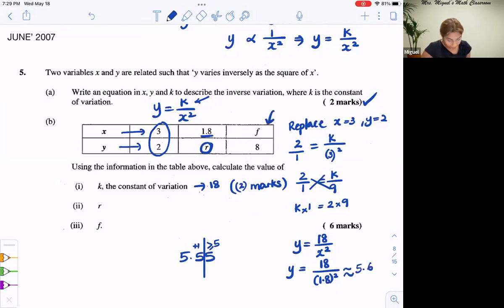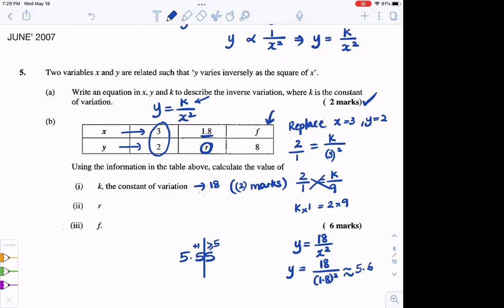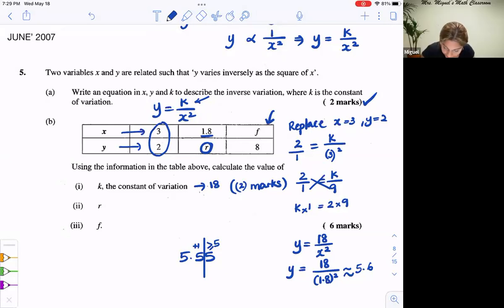So figure out R now. So now we have R as 5.6.